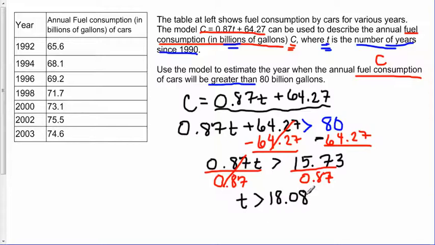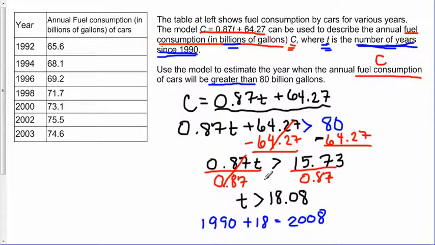Now we have to figure out what this means. Well, remember what we saw up above: T is the number of years since 1990. So this is just a little bit more than 18 years since 1990. What year would that be? Well, 1990 plus another 18 years down the road would equal 2008, right?